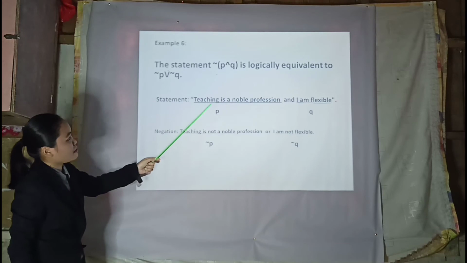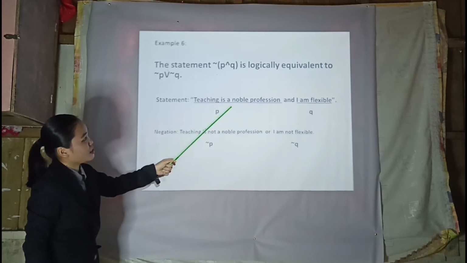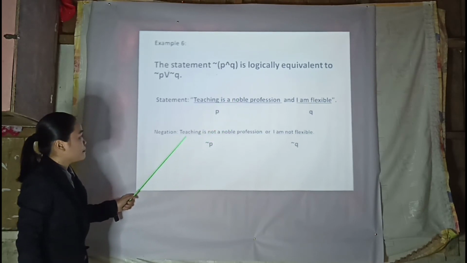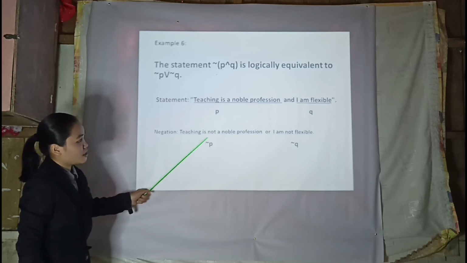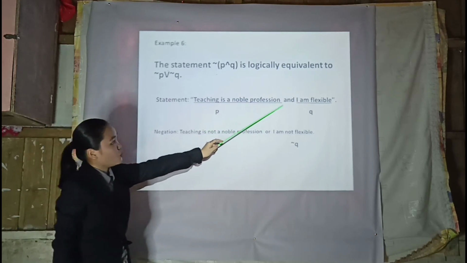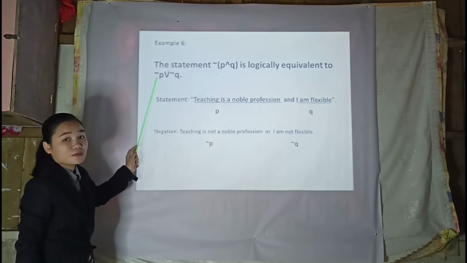Because from this statement, the positive for our P, teaching is a noble profession, becomes negative. So, teaching is not a noble profession. And we use an and connective here, so it becomes or from our rule.